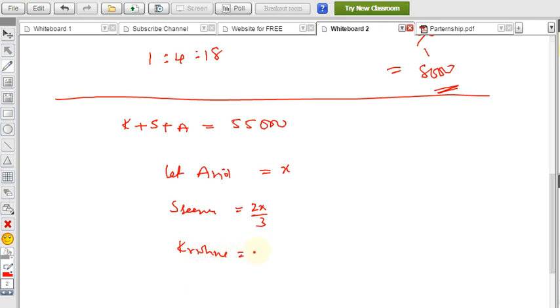Srinu is 2x by 3, the 3 gets cancelled, that is 2x.